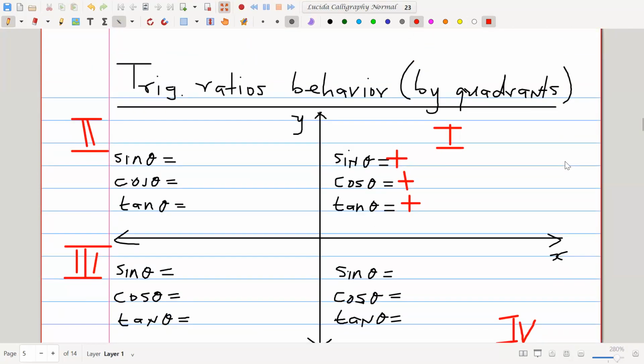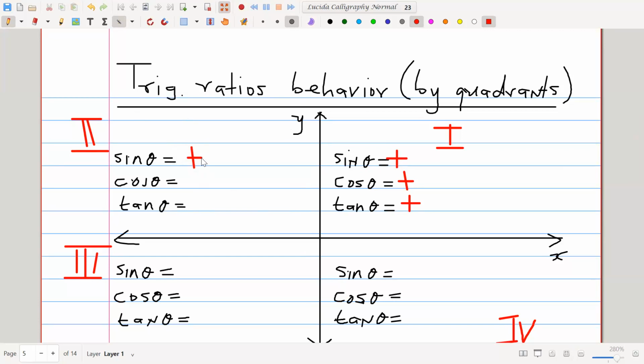So here it simply means sine, because sine is defined as y over r, then you know that here, in the second quadrant, in this portion here, y is still positive. So you have a positive result divided by r, which is always positive as well. So it simply means you'll end up with a positive result for sine.